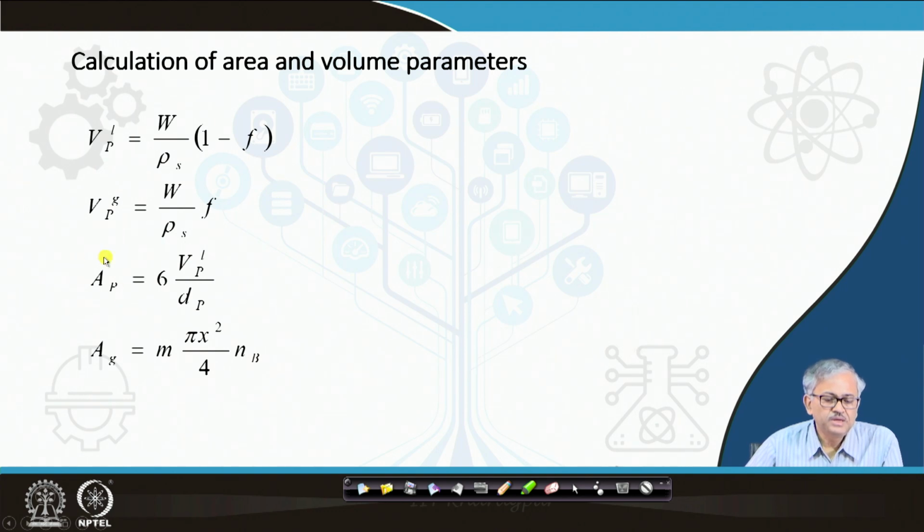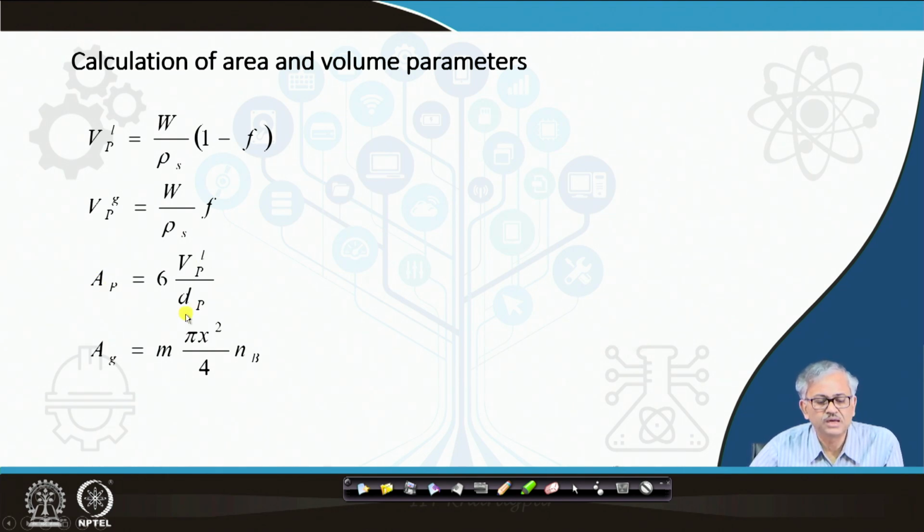And then AP is the contact area of the free rising particle, and if we assume the free rising particles are perfectly spherical, then we can write it as 6V by dP, the volume of the particle over the average diameter of the particle.